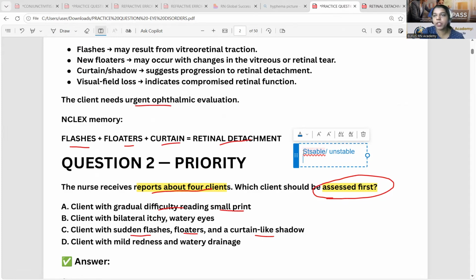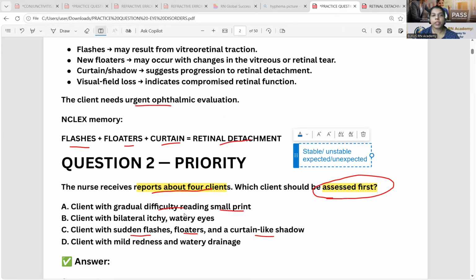If it is a symptom, we can notice what can be the expected symptom and what can be the unexpected symptom. In this scenario, we can read each option and find out which is a stable or expected finding, and which condition of the patient is unstable with an unexpected finding.